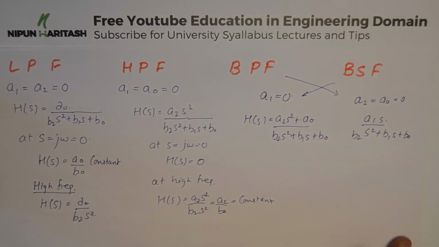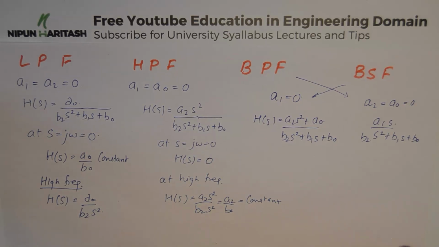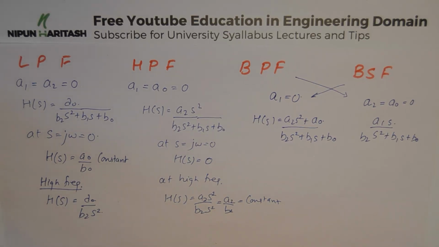But the concept here is to understand the idea behind tweaking the values of the coefficients in the numerator, so that when the approximations are made, they'll give us the response of this two-port network, which is our filter, closely matching either of the types. It could be a low pass filter, high pass filter, band pass filter, or a band stop filter.